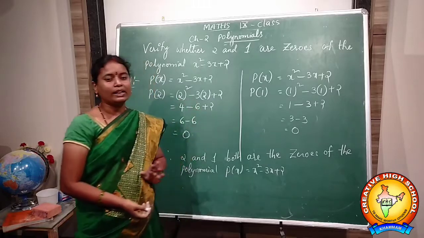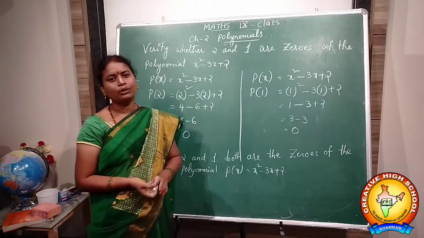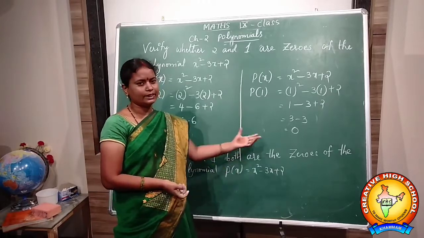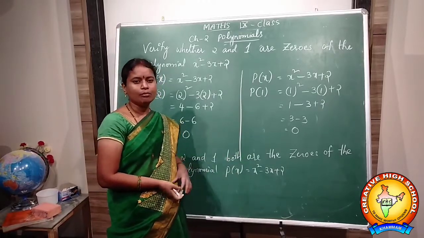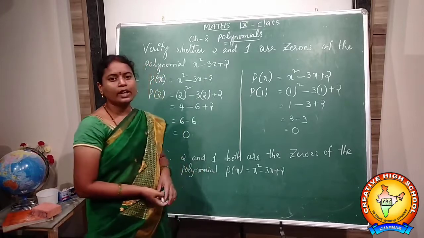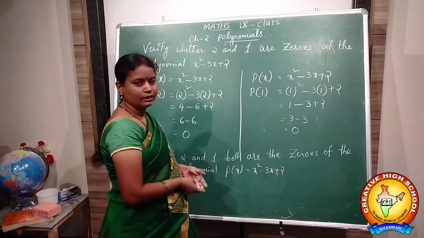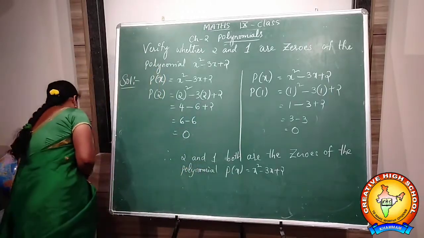A quadratic polynomial has maximum 2 zeros. So that's why when we substitute 2 values in this polynomial, it becomes 0. So 2 and 1 both are the zeros of the polynomial. Okay. Let us see one more problem.